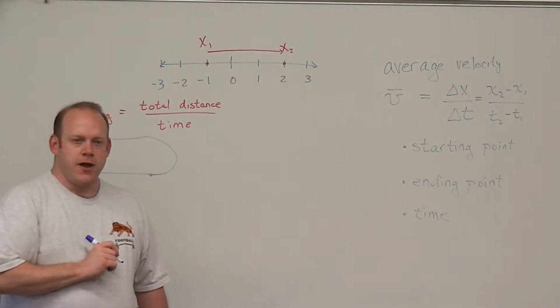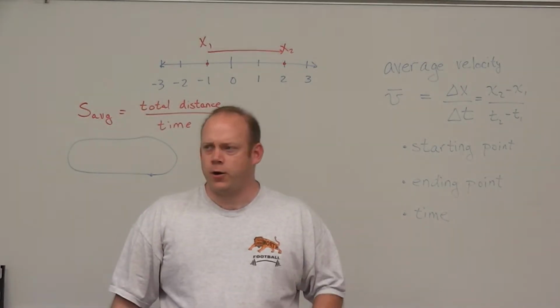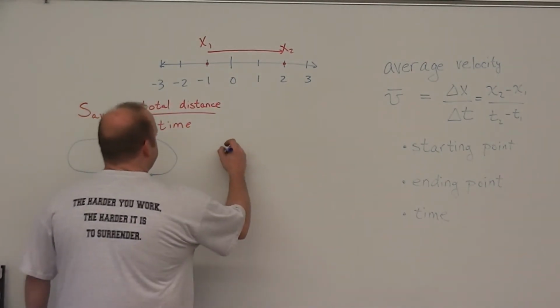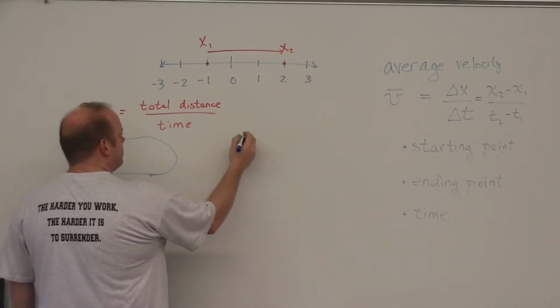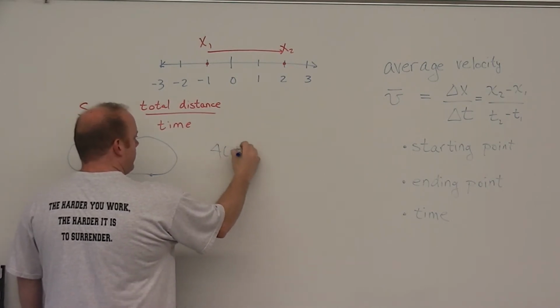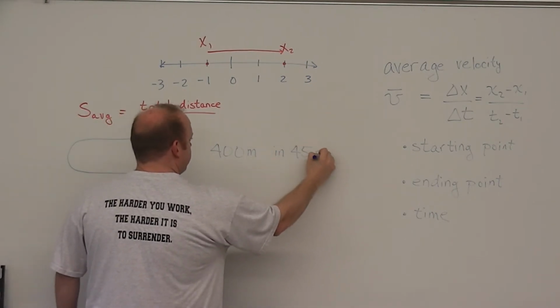Okay. So now, let's just say that we are a world-class athlete, and we're going to have our 400-meter time be 45 seconds. So now, we're going to say 400 meters in 45 seconds.